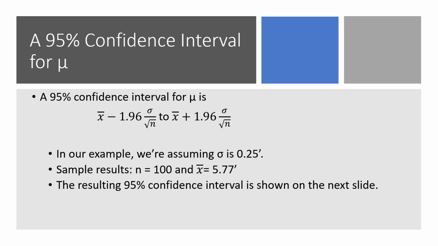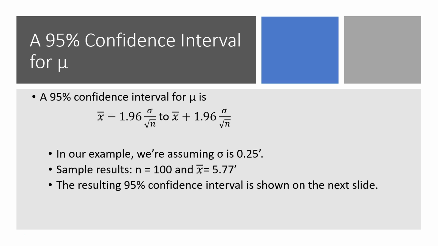And so a 95% confidence interval for our population mean is going to be between x bar minus 1.96 times the population standard deviation over the square root of our sample size, to the upper end, which would be our sample mean plus 1.96 times the standard error of the mean.